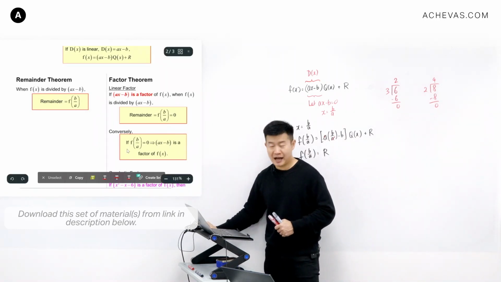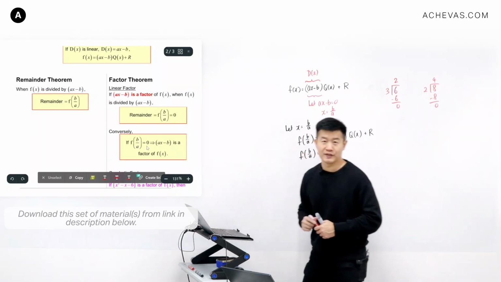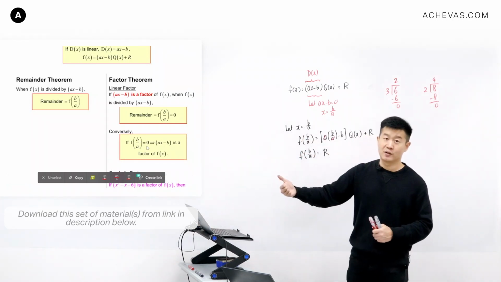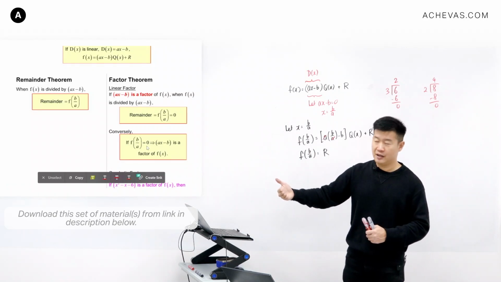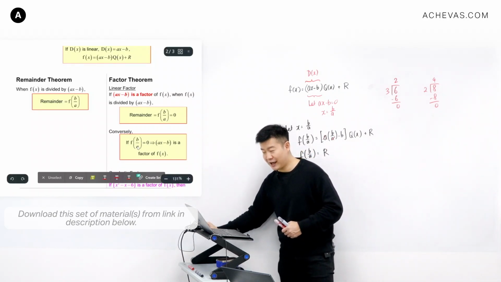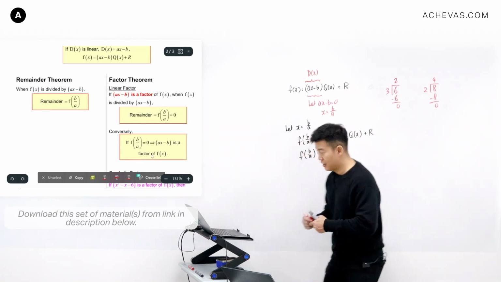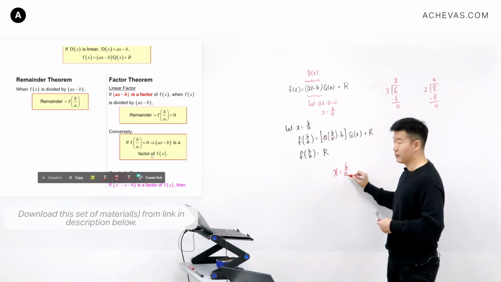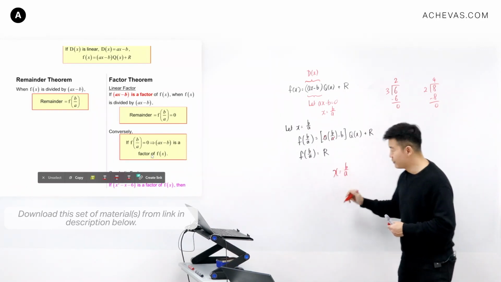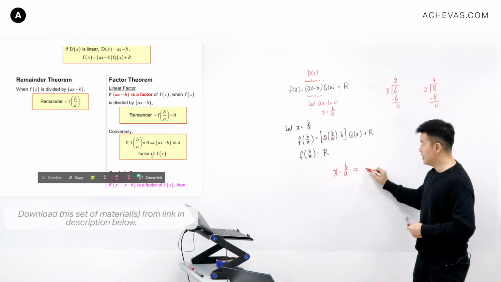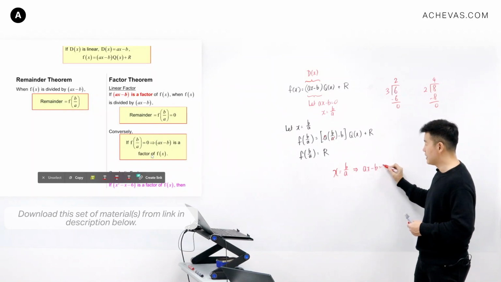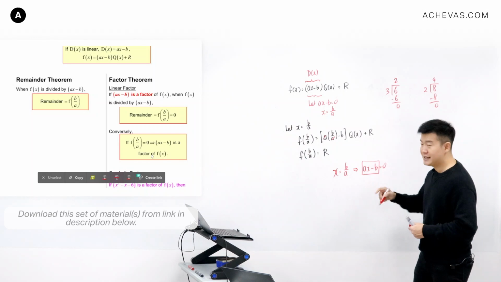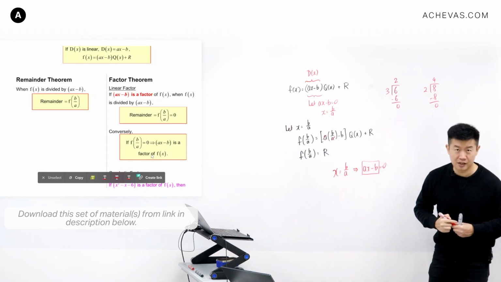What if we check and realize that f of b over a is equal to 0? That means the remainder is equal to 0, and that means the value of x that will cause f of x to be equal to 0 is b over a. So x is equal to b over a, and if I reverse the process, this gives me ax minus b is equal to 0, and this gives me a factor.